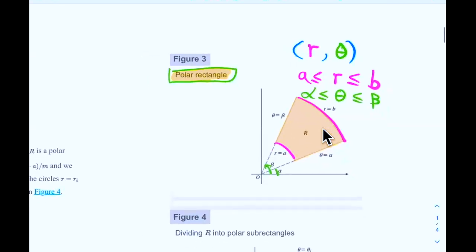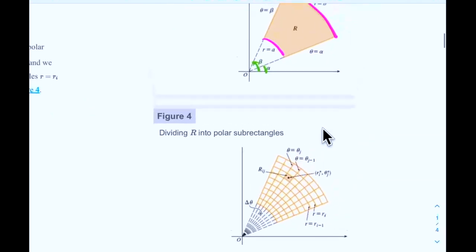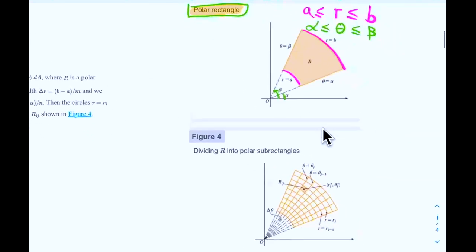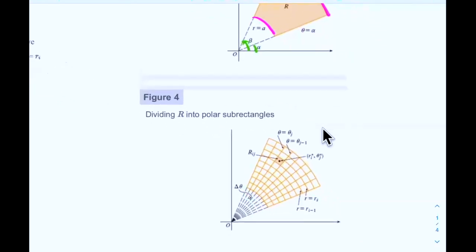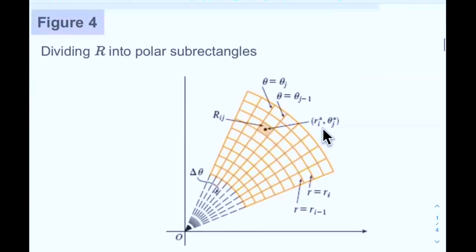And now, what do we do? Again, we're going to do the double integral. We want to subdivide that into polar subrectangles. Look at each one over here. This is one particular polar subrectangle.